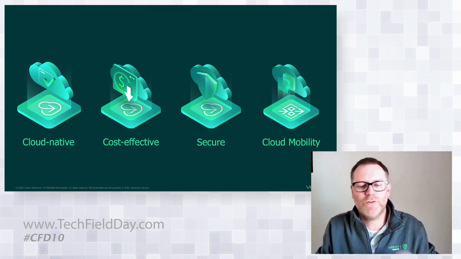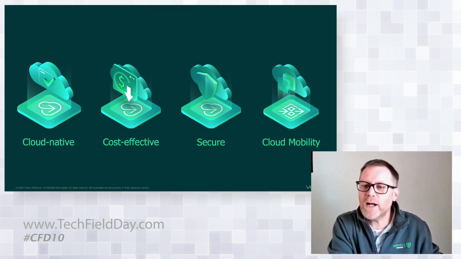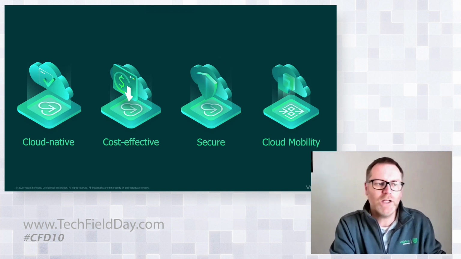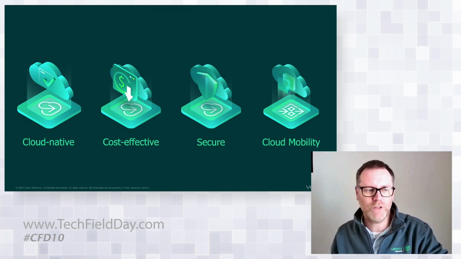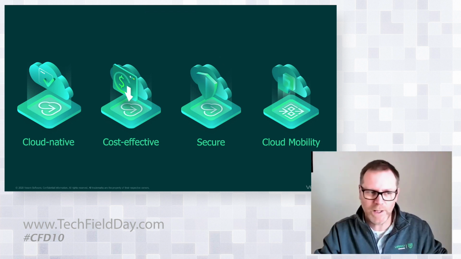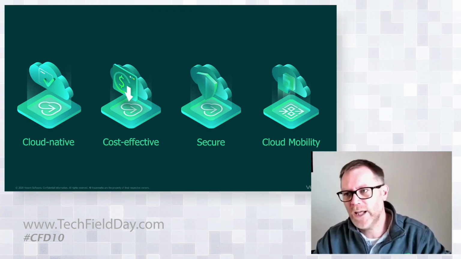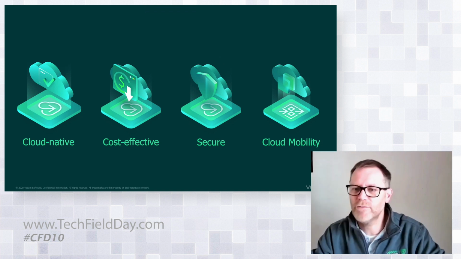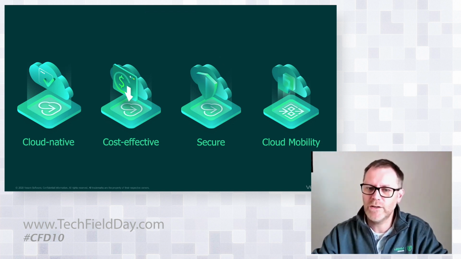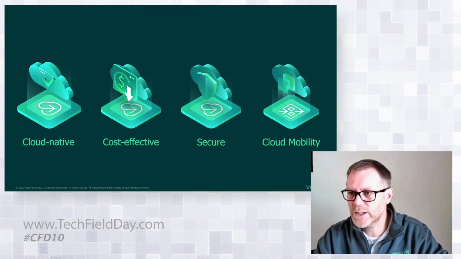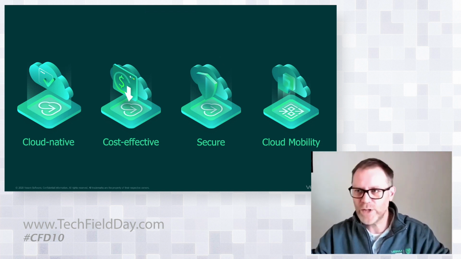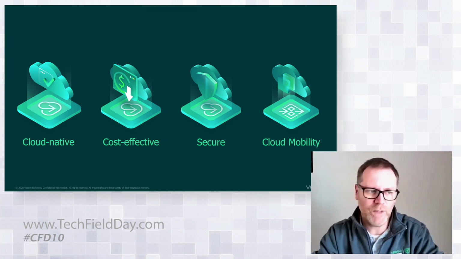So you'd have some backup server, maybe Veeam Backup and Replication running somewhere. You'd install some agents into a virtual machine or an instance, and then you protect it that way. When we talk about cloud native, much in the same way that Veeam's been doing backups in the vSphere and virtual world for so long, we leverage those inbuilt capabilities in the public cloud provider. So snapshots, object storage, that kind of capabilities.